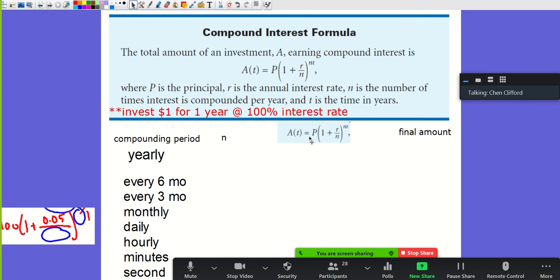So for the first one, for yearly right here, I'll plug it in right here.